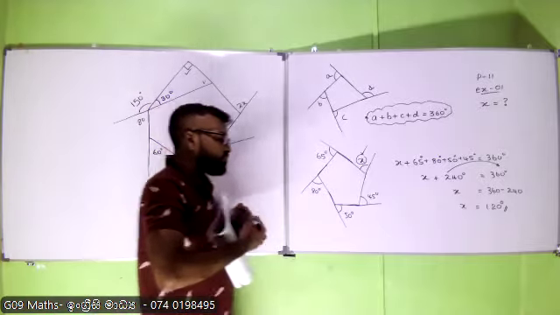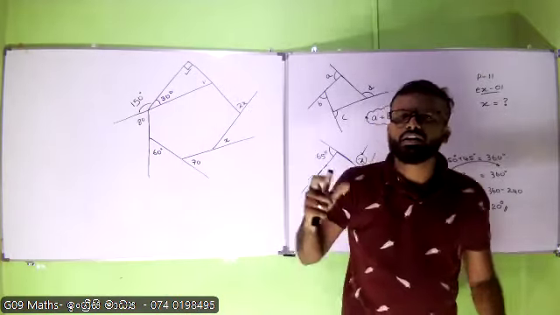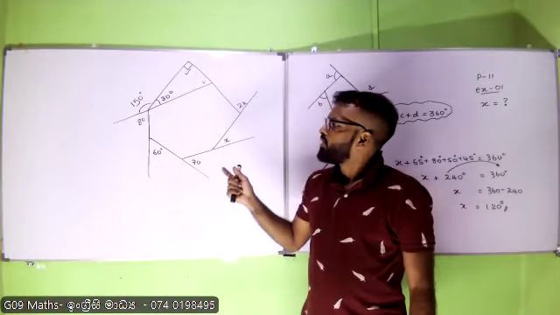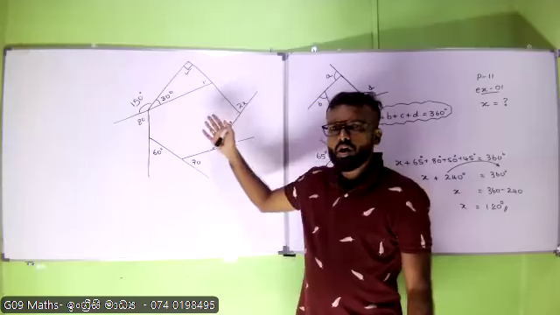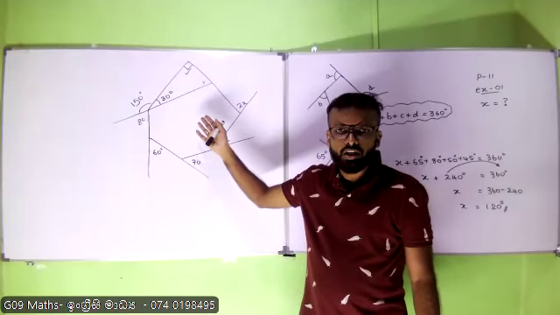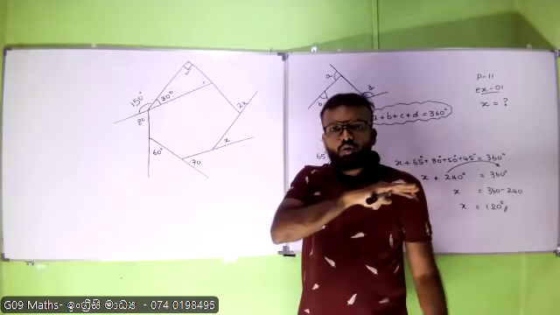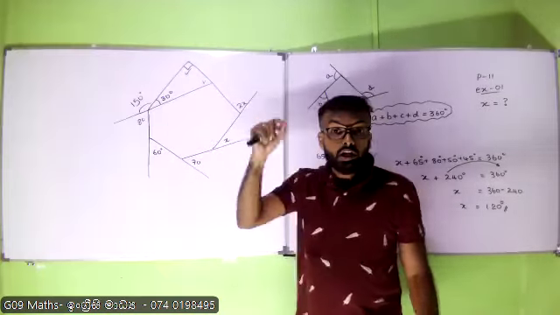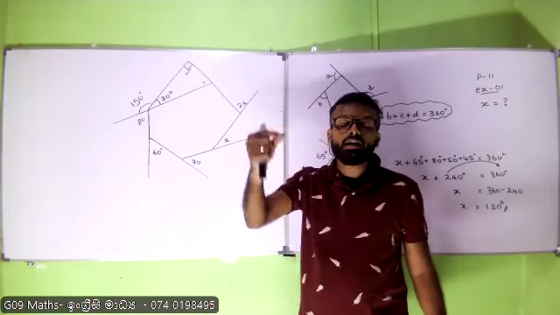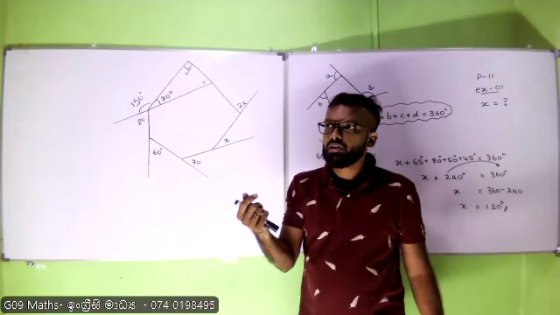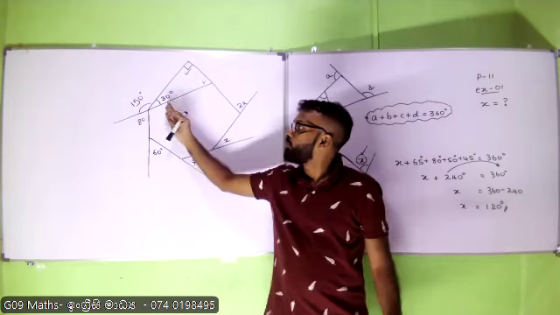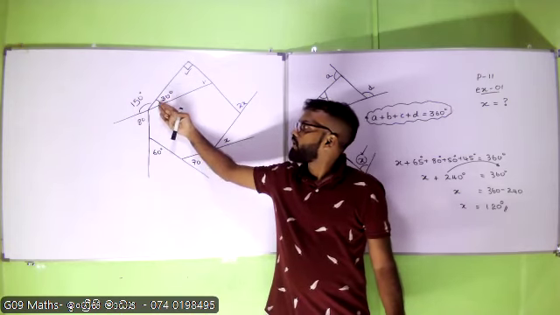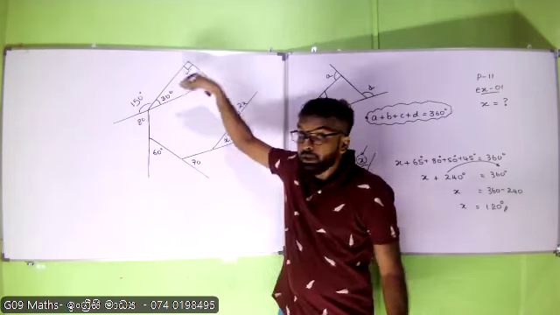When you are doing these kinds of questions in the exam, you have been given a picture, a figure, so write on it. You have to write each and everything that you are getting. If you get the value for this angle, write it, 30 degrees, on the picture.